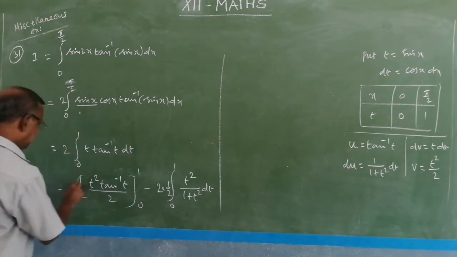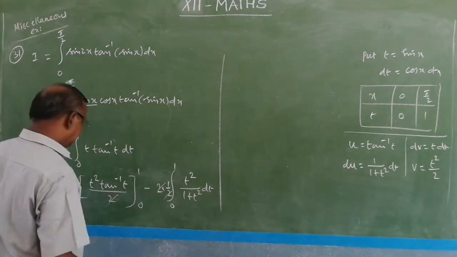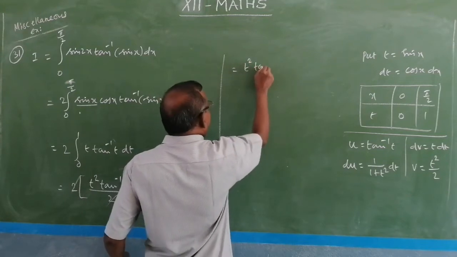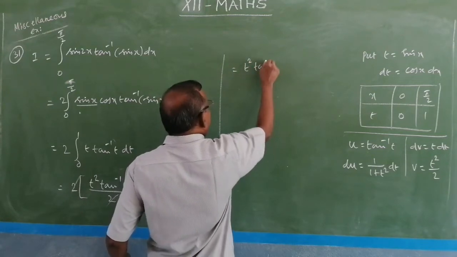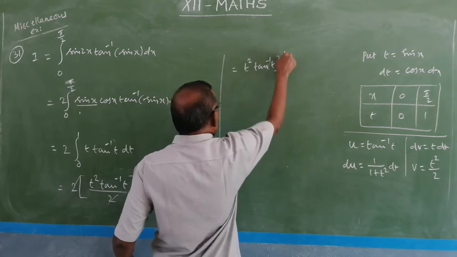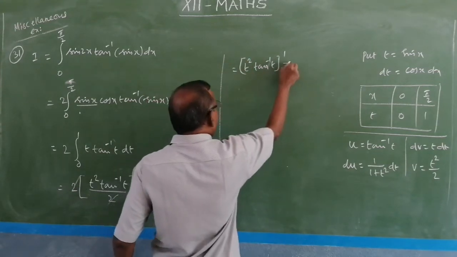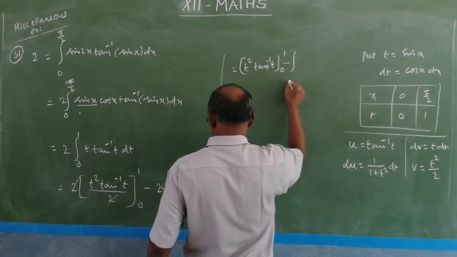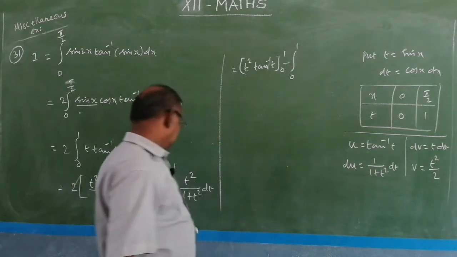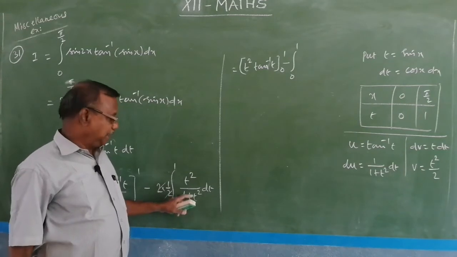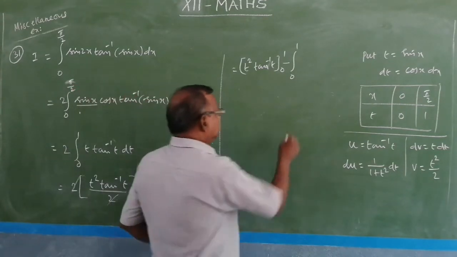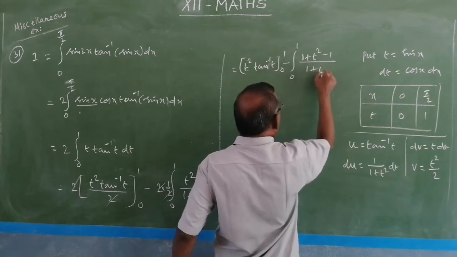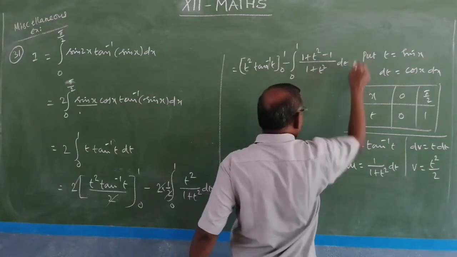Eliminating the 2s, the first part is t square tan inverse of t from 0 to 1, and minus the integral from 0 to 1 of t square over 1 plus t square. In the denominator it is 1 plus t square, so we have to add 1 and subtract 1, giving 1 plus t square minus 1 divided by 1 plus t square into dt.